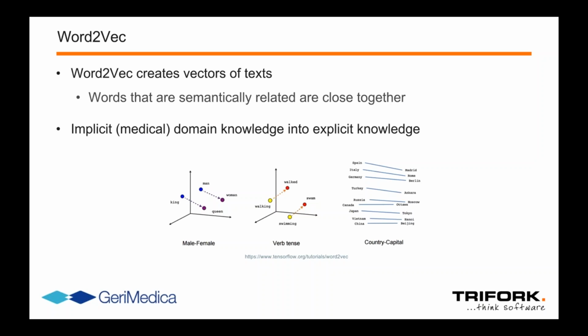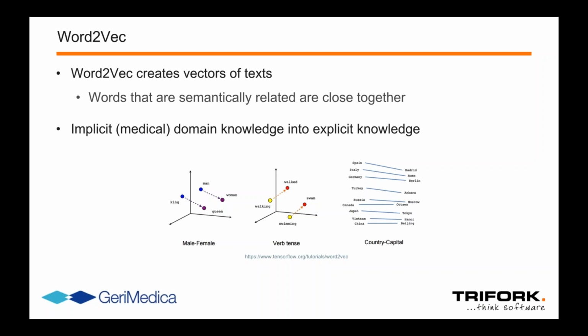And to be able to see that, I took an image from the TensorFlow website, which explains this algorithm really well. It basically shows you that relationships between words are modeled in a similar way.